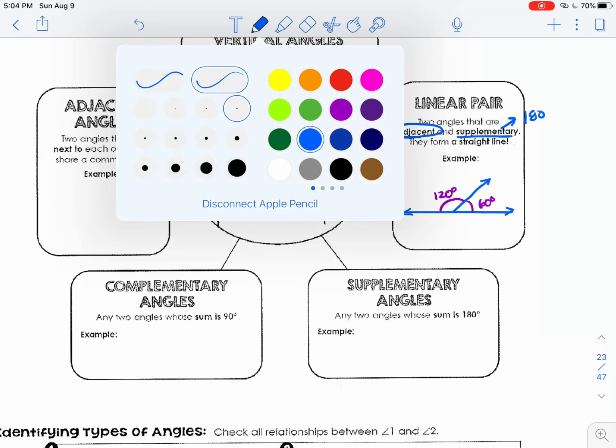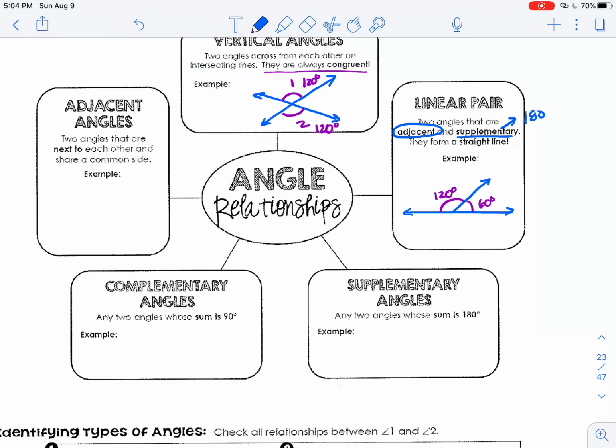Supplementary angles, well, and complementary angles, C comes before S, 90 comes before 180. So if I'm looking at supplementary, they always sum to 180. So you could have an angle that's like 140 with an angle that's 40, as long as they add to 180.